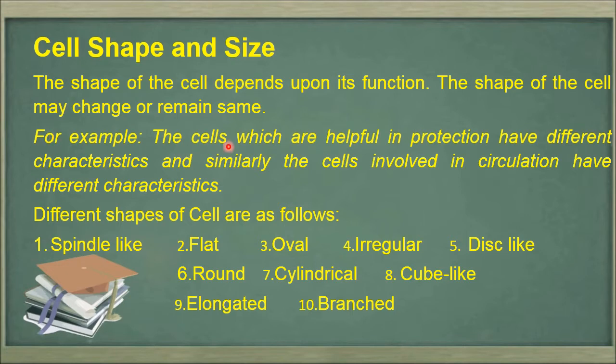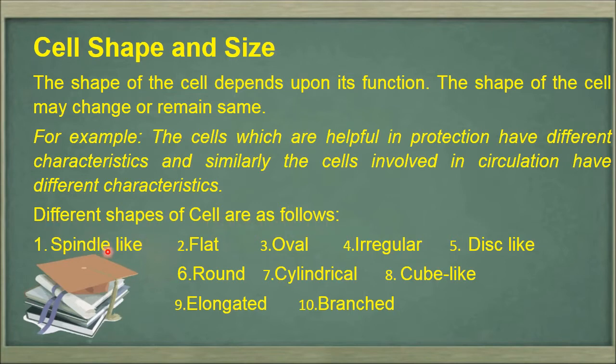For example, the cells which are helpful in protection have different characteristics, and similarly the cells involved in the circulation have different characteristics. So according to their function they will have different features, different characteristics.